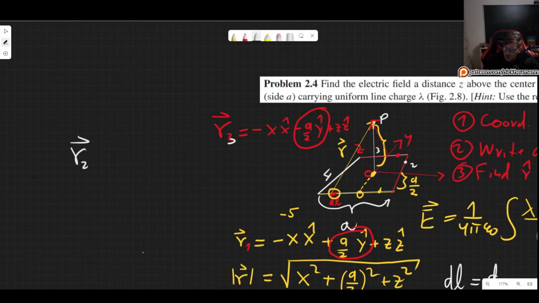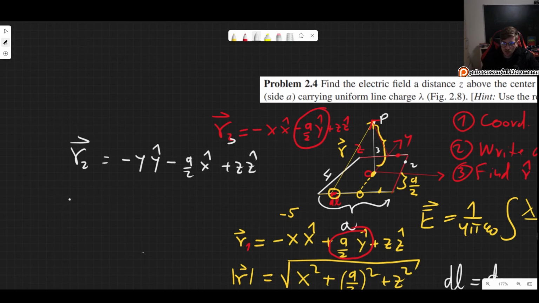Well, if we are somewhere over there, for example, we would need to move minus y in the y direction, and then you need to move this distance right there, which is a over 2, but in the negative x direction. So minus a over 2 in the x direction plus z in the z direction.